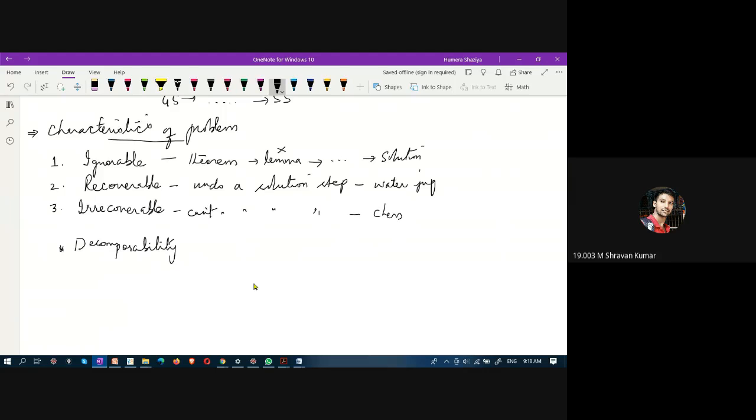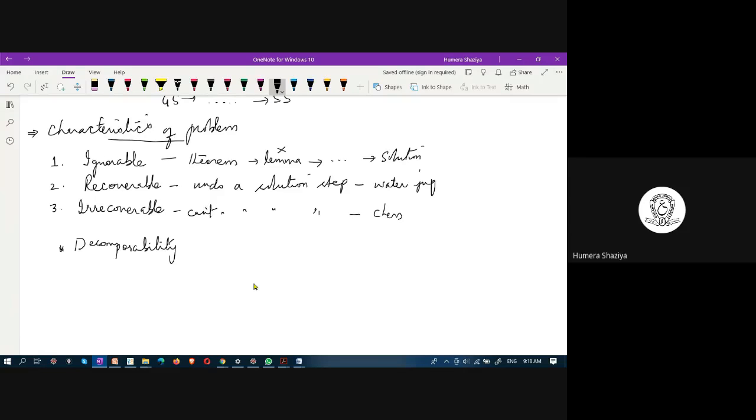Eight puzzle problem. Yeah, that is also not recoverable. Once you move the blank block up, left, or right, then it means you have taken a move. Yes, that is also irrecoverable.